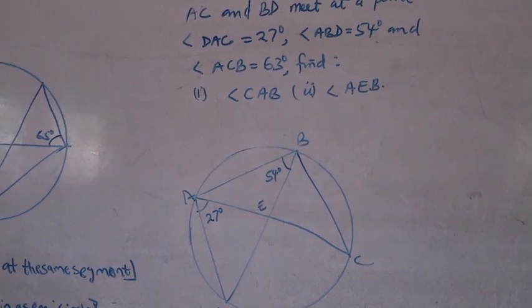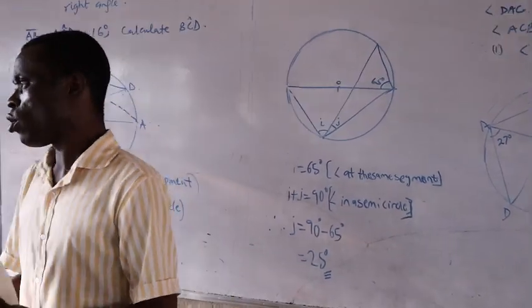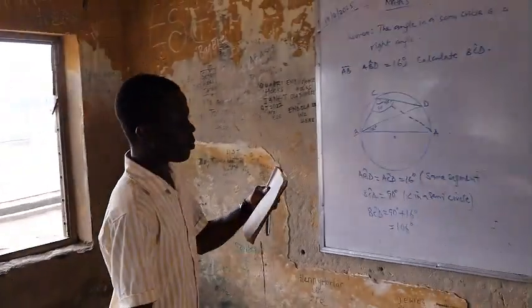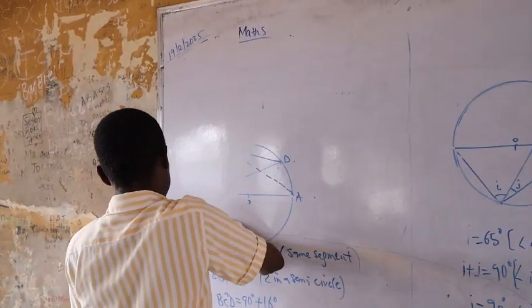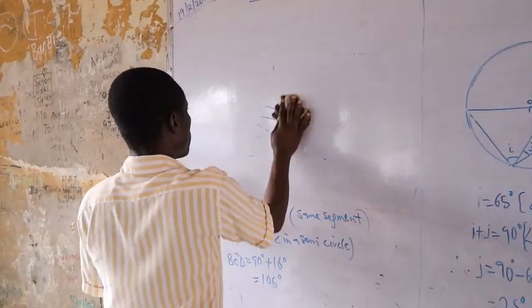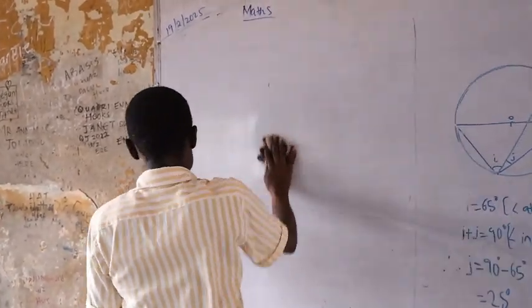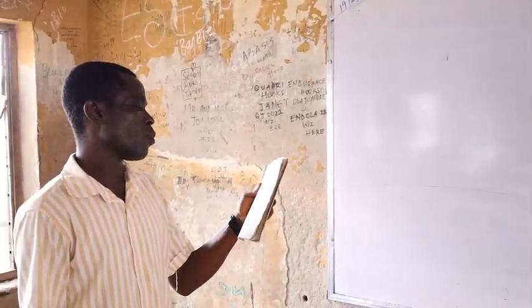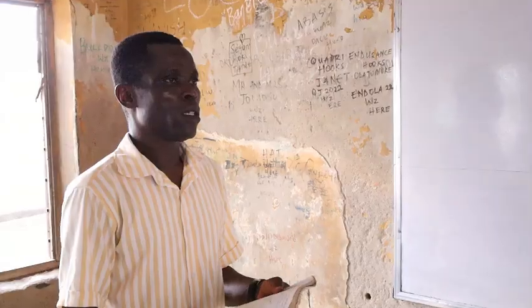Then number 2. In the diagram below, P, Q, R are points on the circle with center O. T is a point outside the circle.